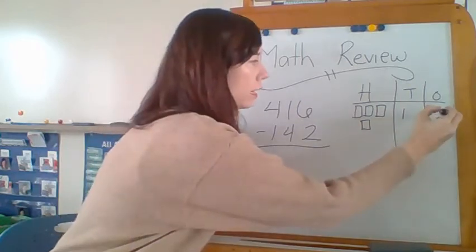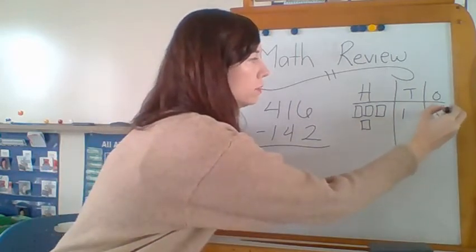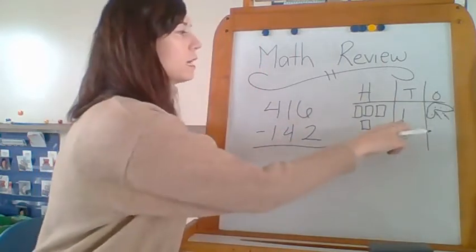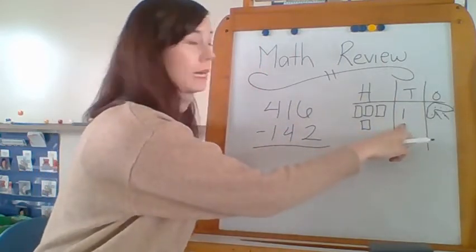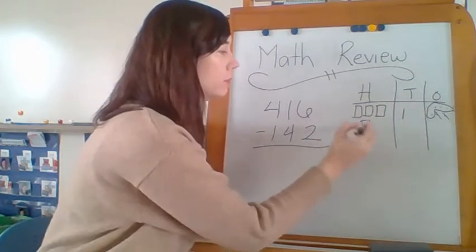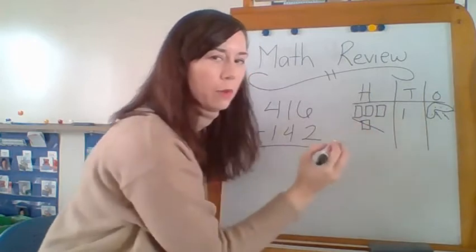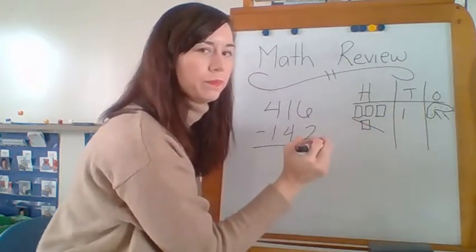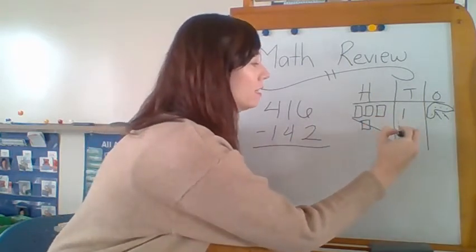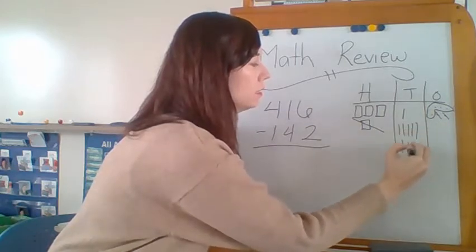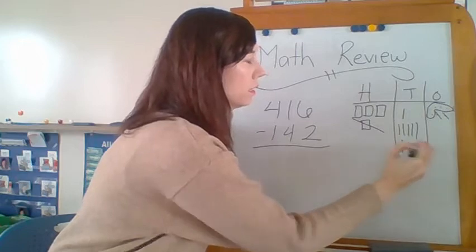All right, 416. Now I have to take away 142. I can take away 2 ones. So now there's my ones answer. Can I take away 4 tens? I can't. So what I need to do is ungroup one of my hundreds. And how many tens equal 100? You're right, 10. So I'm going to draw out 10 tens here.